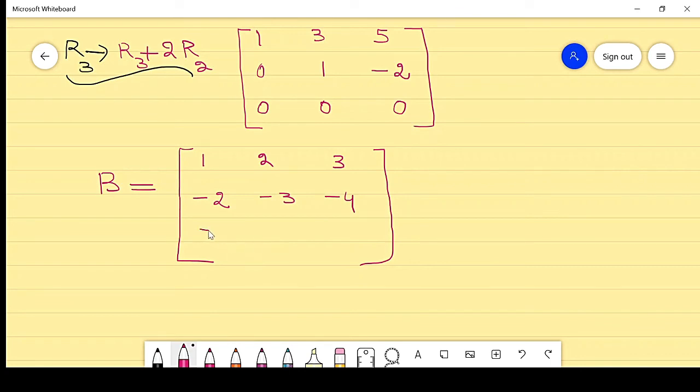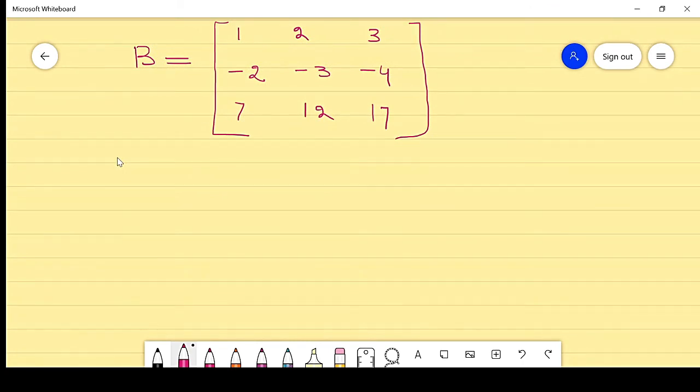Next is 7, 12 and 70. So to find the row space, again we reduce this into row reduced echelon form.